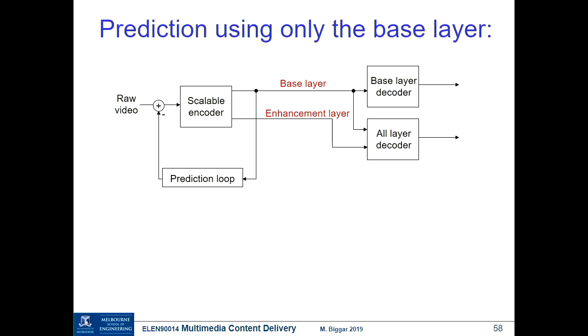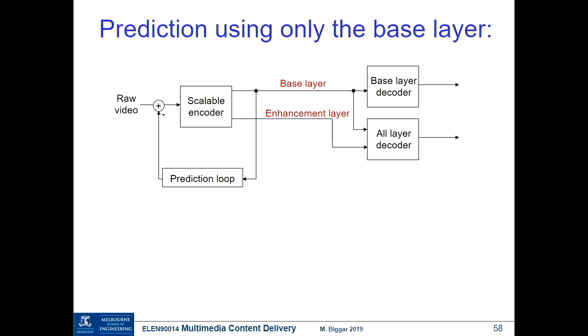So here, let's suppose we just use the base layer for our prediction loop. So let's think of an example scalable encoder. What would be a good one to use? Let's say we're using spatial scalability. So the base layer is low resolution, and the enhancement layer takes us up to, say, HD resolution. And the prediction data that we use to do our prediction is just using the base layer.